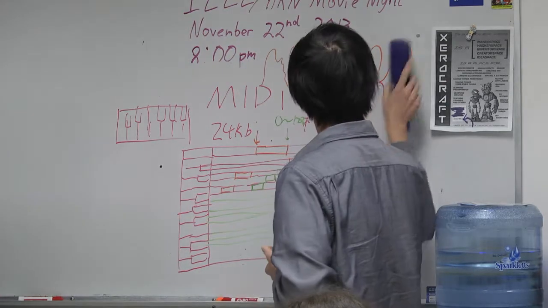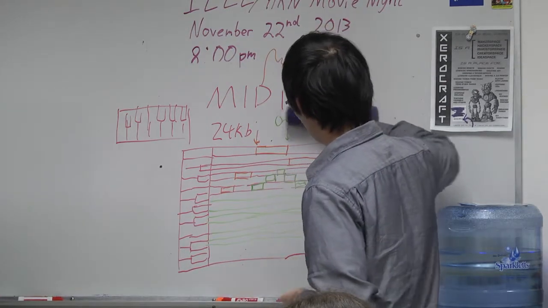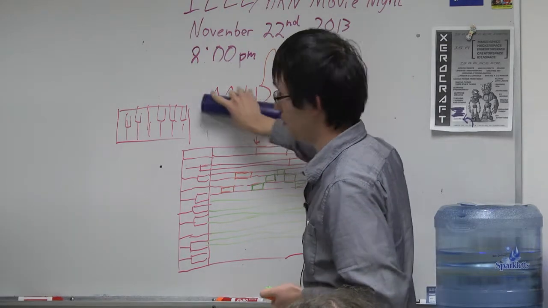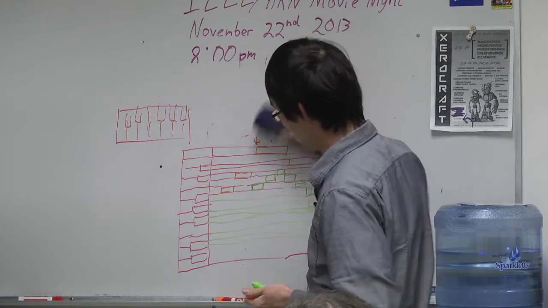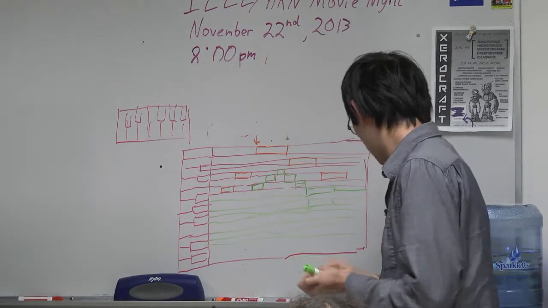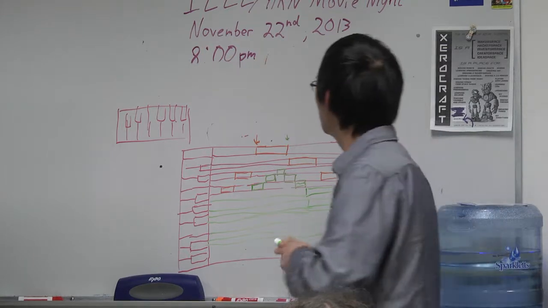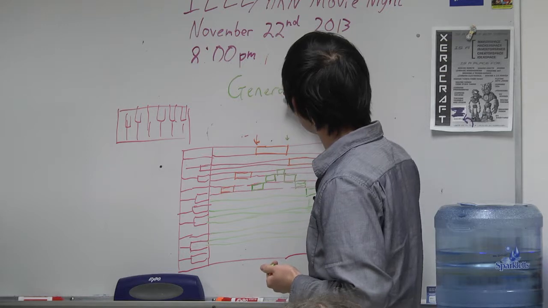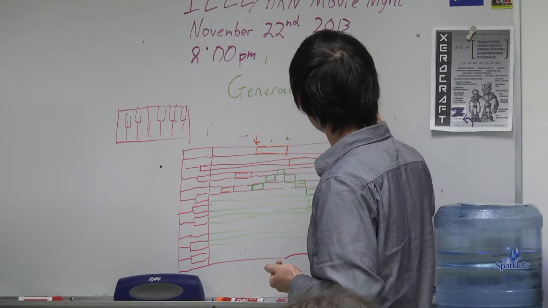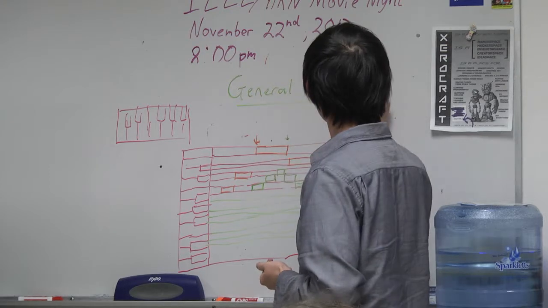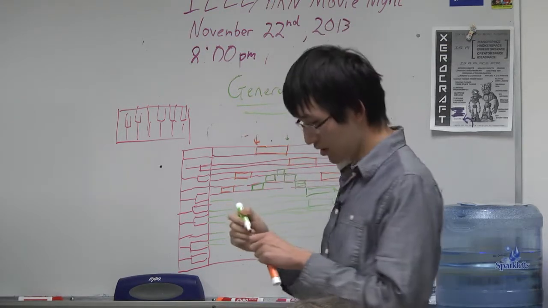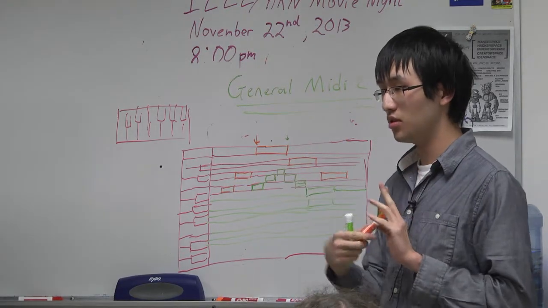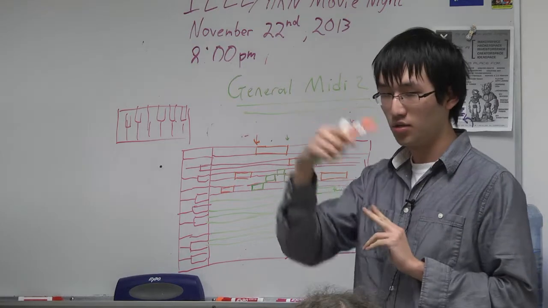So yeah, the MIDI handles the notes, whereas the computer handles what instrument to use. There's such a thing called the GM2, General MIDI 2 specification. Basically, it says that you have to have these instruments in your sound card, and they have to be labeled as such.